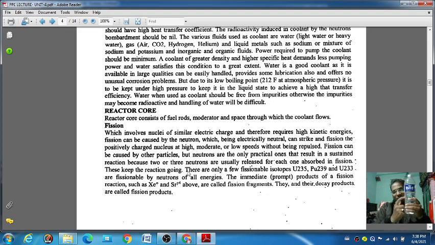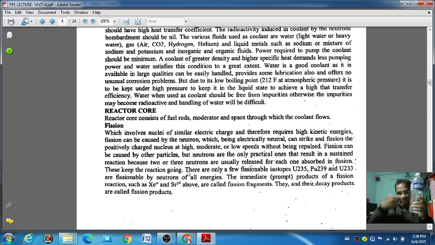In that curved surface the core will be placed, and below or above the core surface, the coolant flow pipes will be there, and also the moderators.